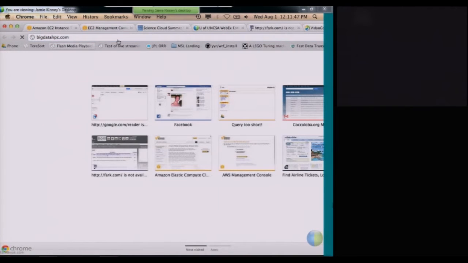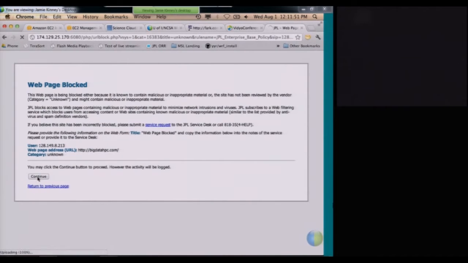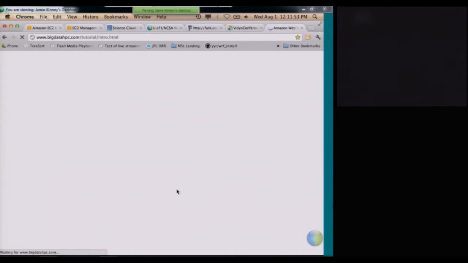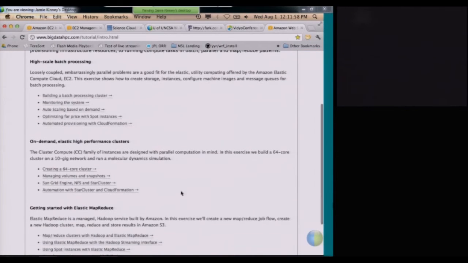It walks you through the process of creating clusters, either using your own machine images or using pre-configured machine images that have been published by Amazon or by the scientific community at large.